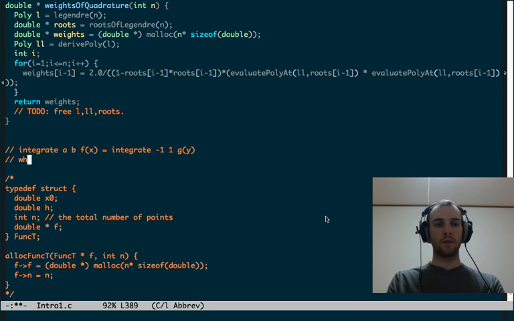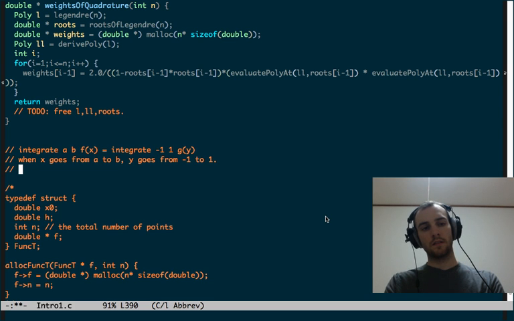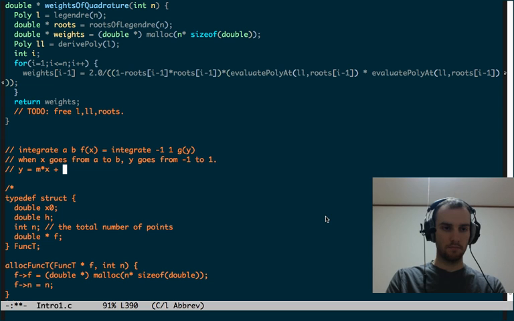So when x goes from A to B, y goes from minus 1 to 1, and it's y equals m x plus k. Okay.